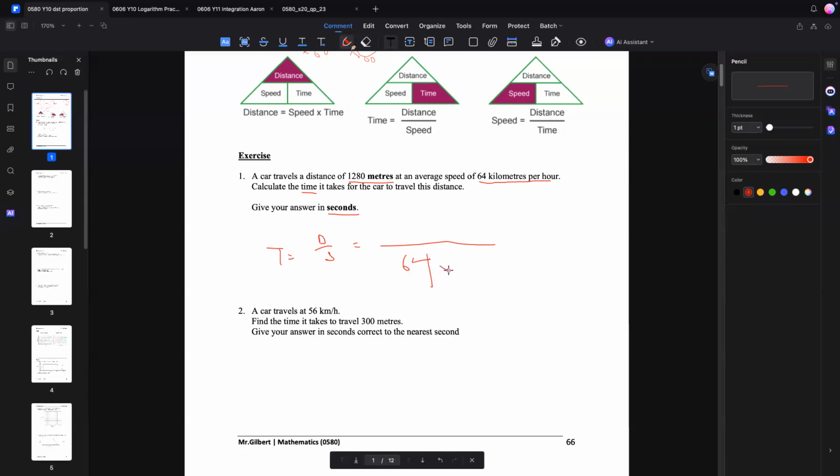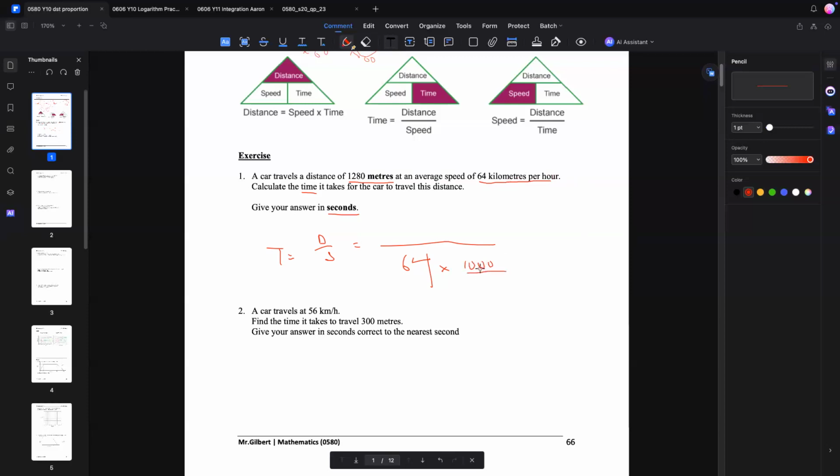64 times 3,600. Are you sure? Kilometers per hour to meters per second, so times 1,000 over.